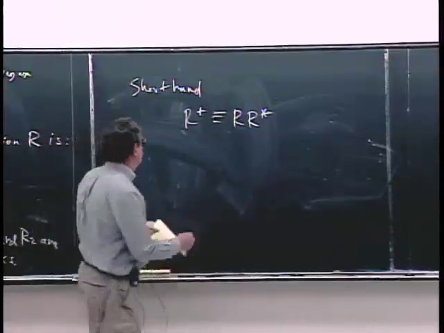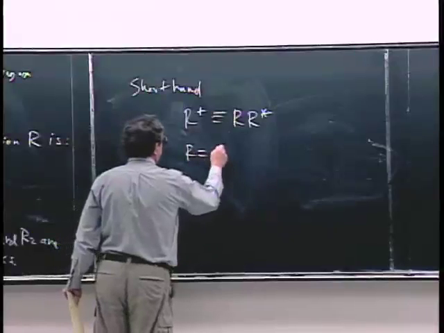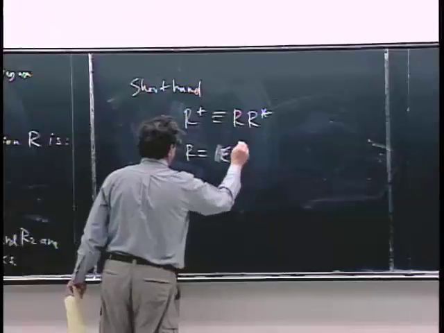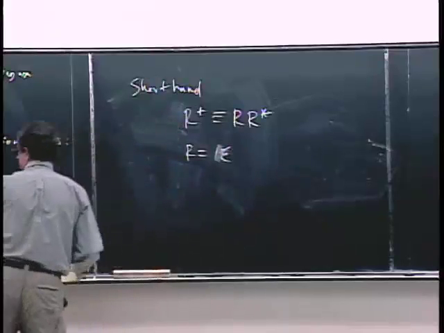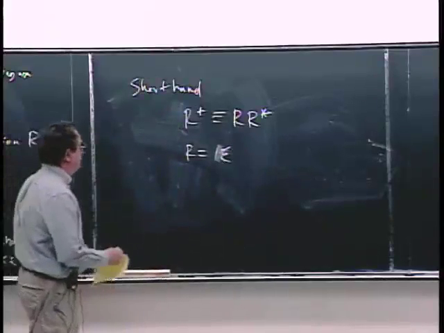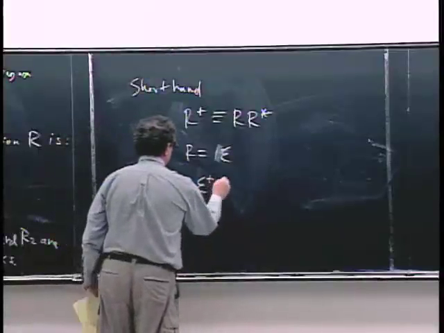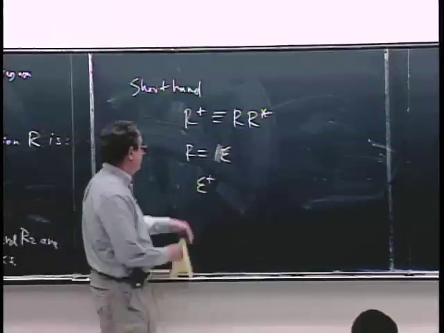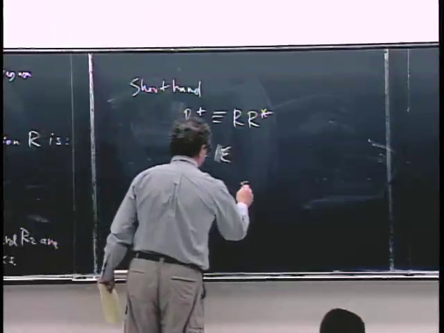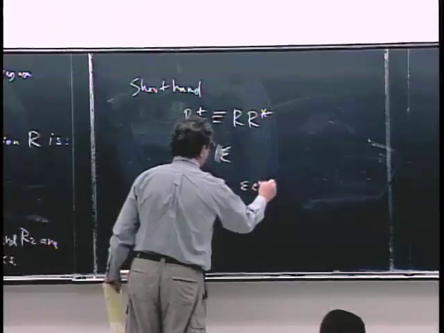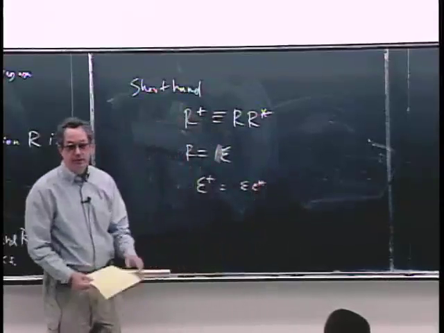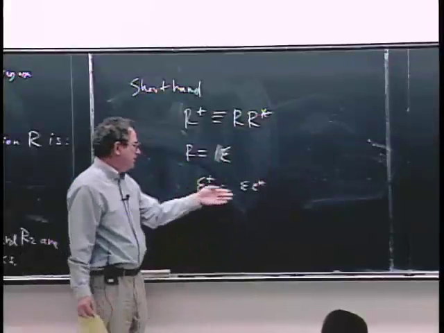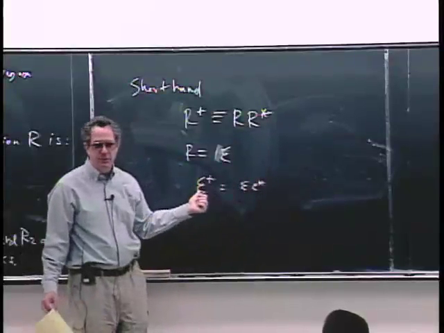Yeah, what if R is the empty string? R could be the empty string, okay, which is a permitted regular expression. So if you have the empty string to the plus, then that's saying, well, you need the empty string and then some number of empty strings, and it could be 0 or it could be multiple. You know, when you get into this kind of stuff, it's too weird and kind of degenerate.